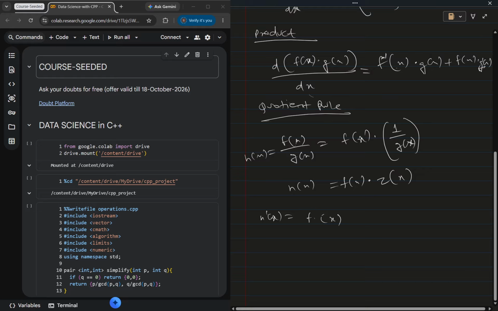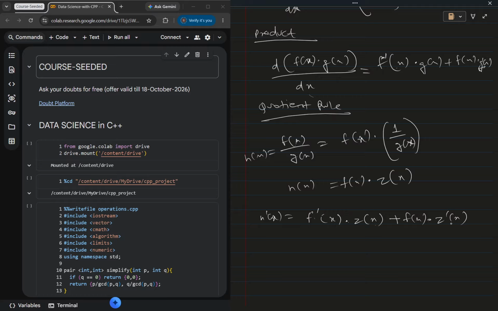which is basically the derivative of f(x), times z(x), which is basically 1 by g(x). So you have f'(x) times z(x) plus f(x) times z'(x).